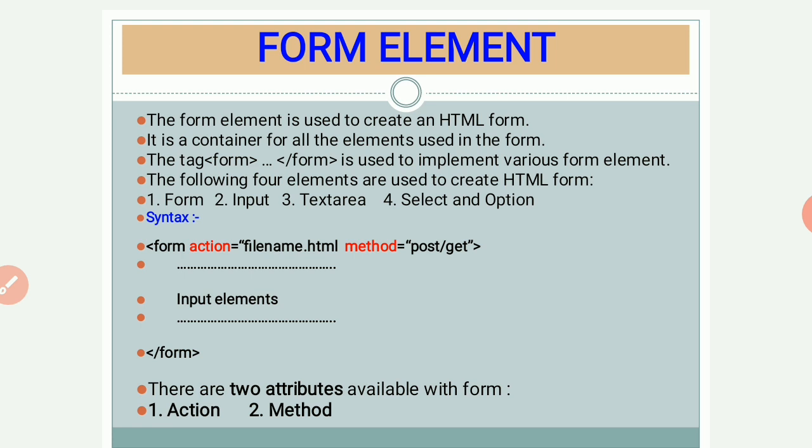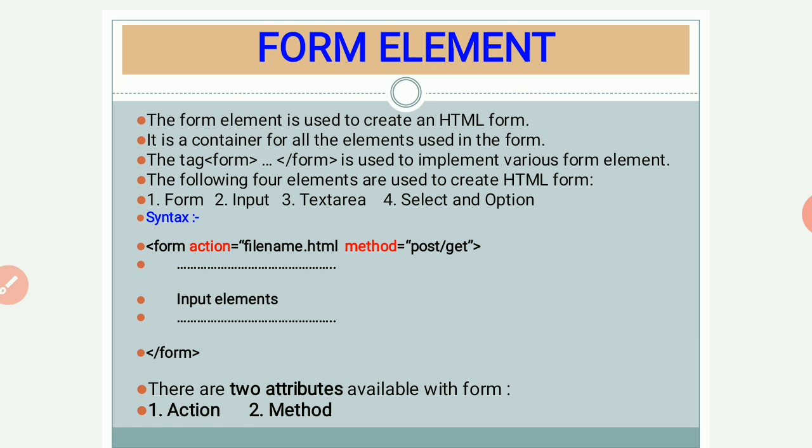Form element. The form element is used to create an HTML form. That is, the form tag is used to create an HTML form in HTML. It is a container for all the elements used in the form.